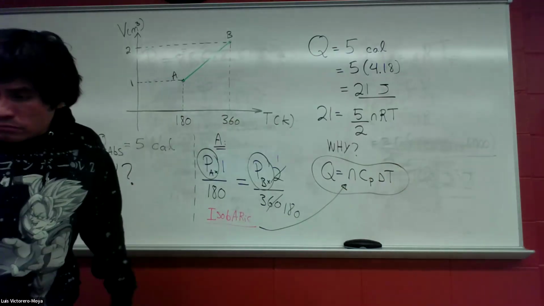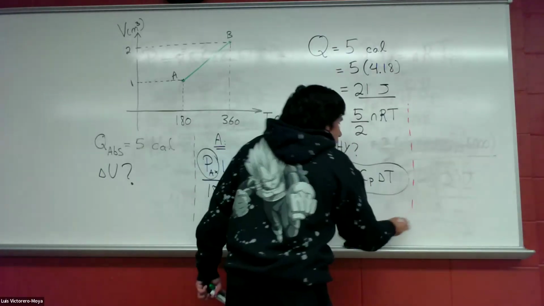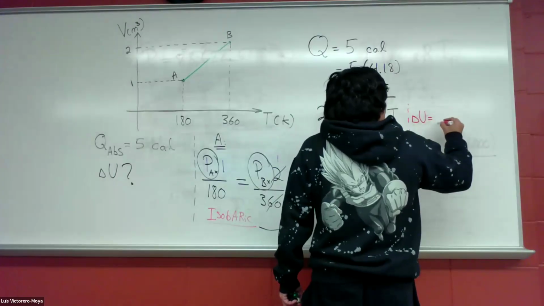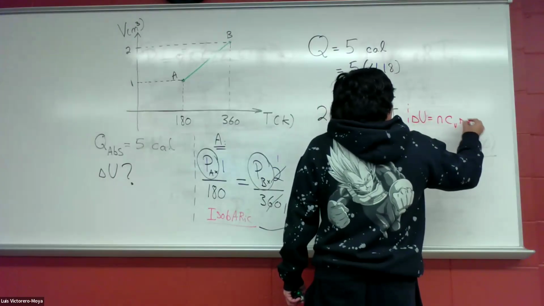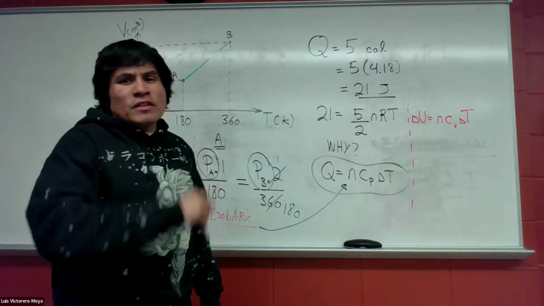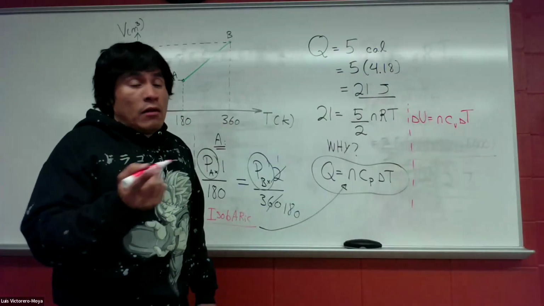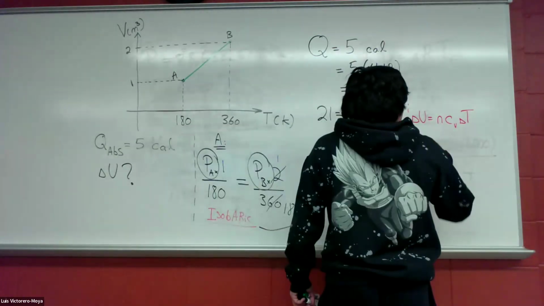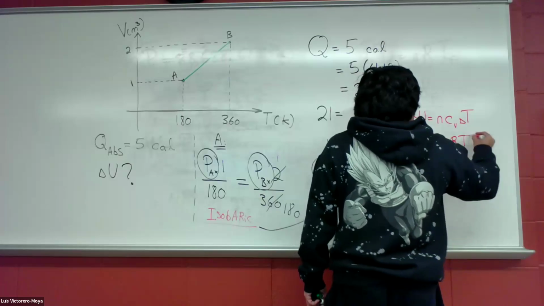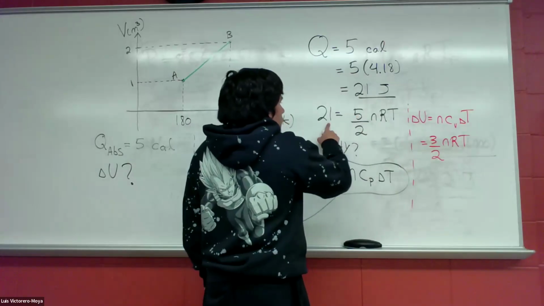My delta U, like I've been doing in the problems from web assigned, is nCV delta T. That doesn't change. That's what we've been using that equation for in the previous problem, right? 3 halves of nRT. But wait a second now. 5 halves of nRT is 21.